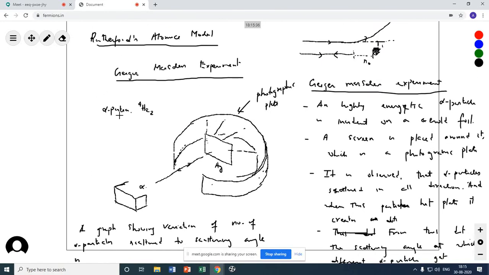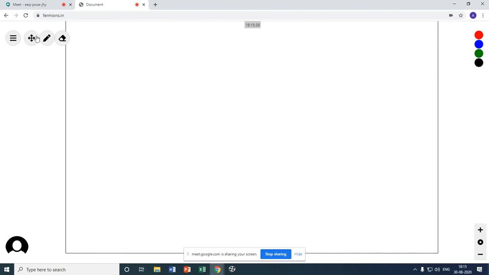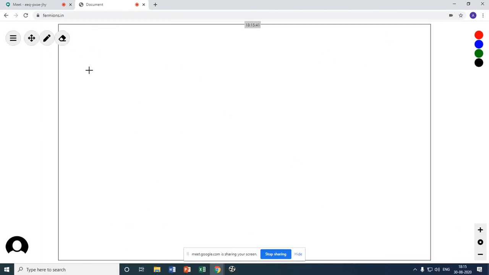Yes, sir. Based on these observations, Rutherford concluded, please write, I am saying. Number one: there is a central core where the entire charge and mass of the atom is concentrated.